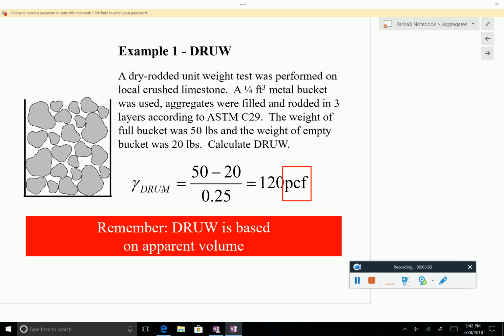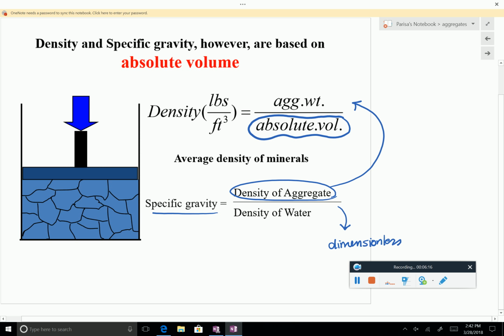No, because depending on how it is compacted, you are going to get a different number, and density is a material property. So to get the density, we actually need to have the absolute volume. So density is, of course, weight or mass divided by the absolute volume.